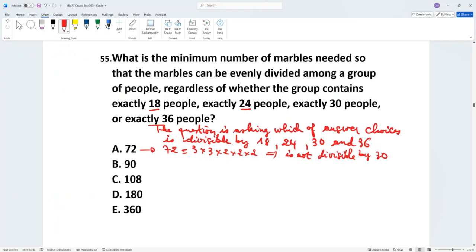So if one of the numbers is not a divisor of the answer choice, we can cancel it already. 90 is equal to 2 times 3 times 3 times 5, but when you look at it closely, we can't find 36 here, and 24 as well. So it is not divisible by 24 and 36.